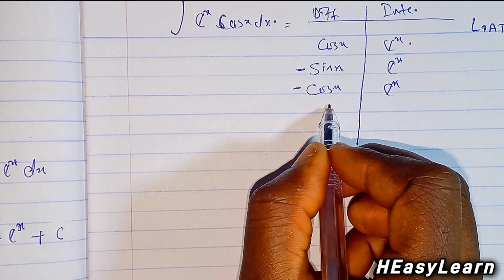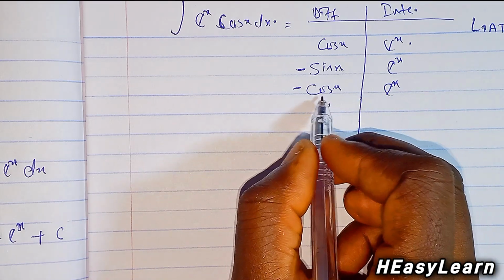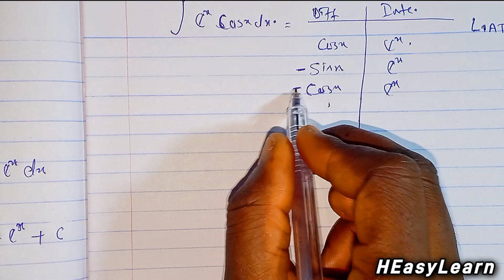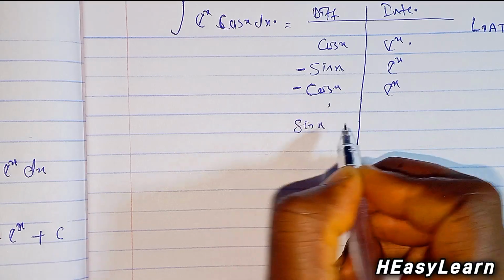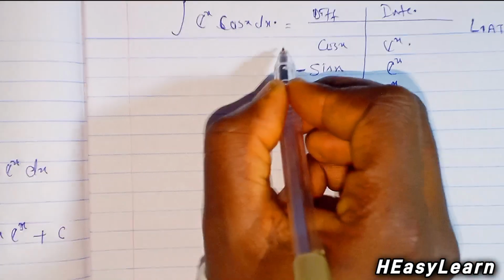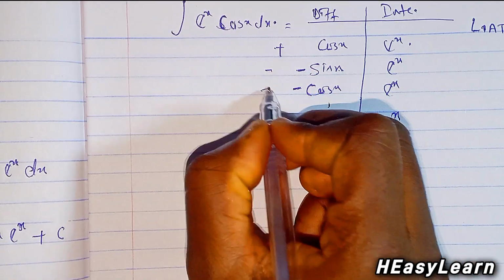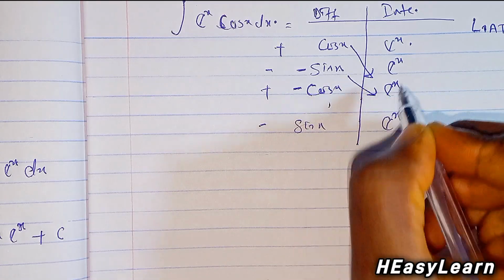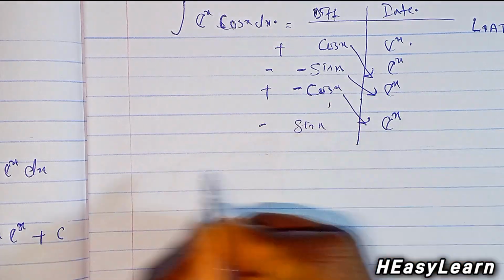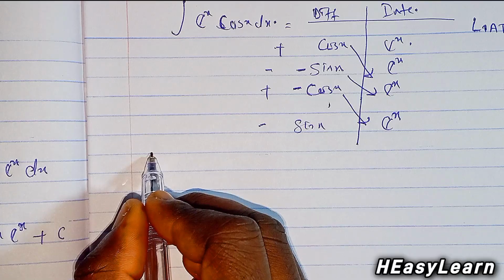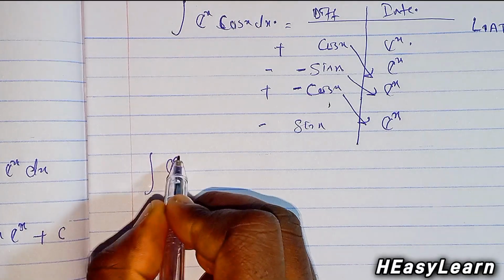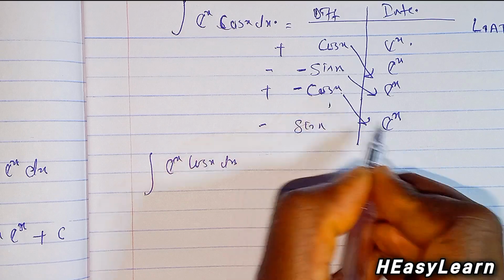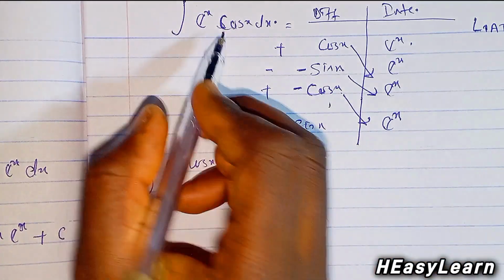In this case, the next thing is what? What is going to be the derivative of minus sine x? It is minus cos x. You are going to have positive, negative, positive, negative. First to the second, second to the third, third to the fourth. So in this case, for the integral of exponential x cos x dx, we stop here because we have the original function.